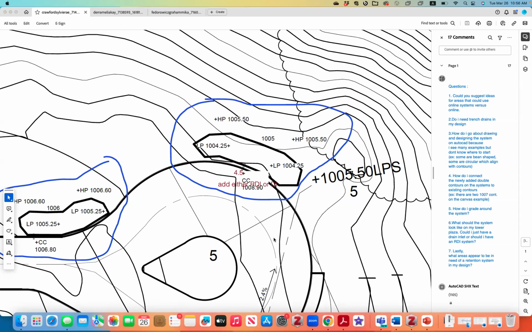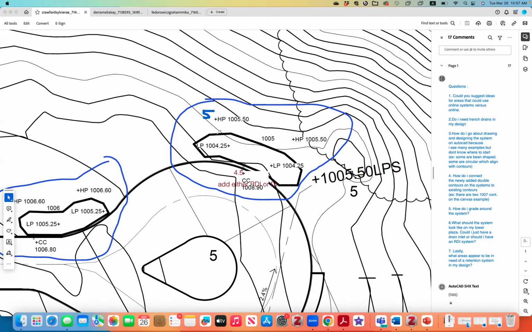You have a 5, and then you probably have another 5 going around. The line weight of the major contours and the minor contours are switched. So I know this is 5. So this is 5.